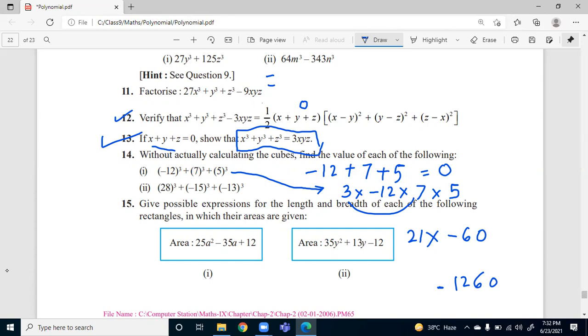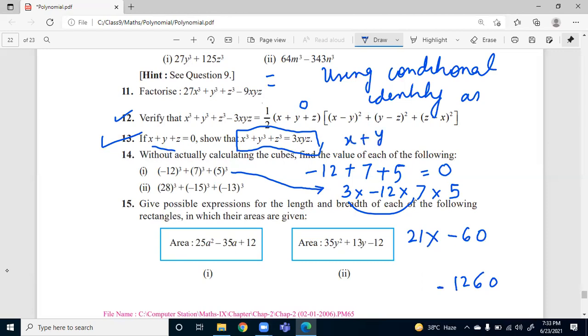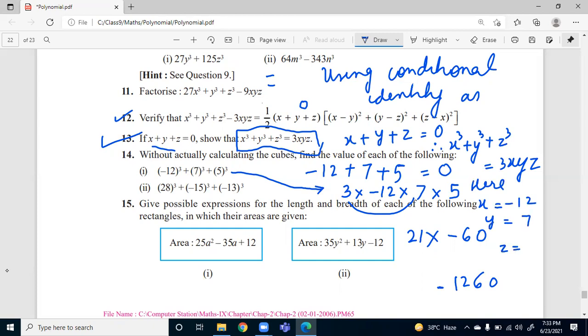Yes, you have to put the values, but before that, you have to write using the conditional identity: as x plus y plus z is equal to 0, therefore x cube plus y cube plus z cube is equal to 3xyz. Then you will write x is minus 12, y is 7 and z is 5.